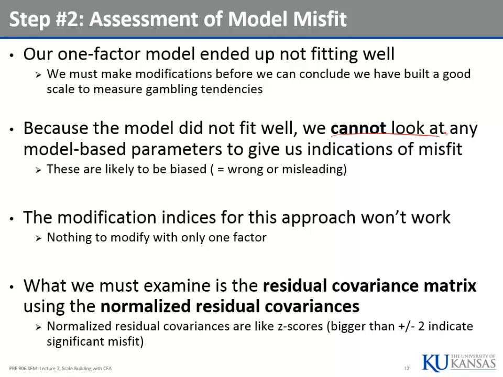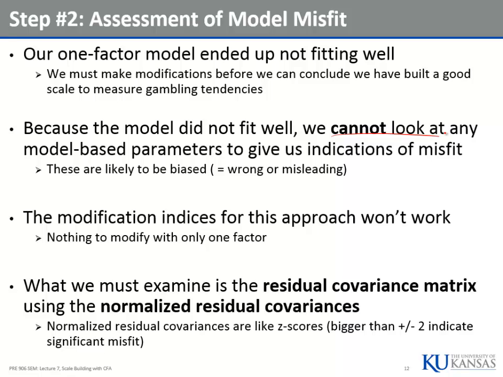So what I like to use are the normalized residual covariances. Right? Those are the difference. So you take the saturated model covariance matrix and you subtract from it your model's covariance matrix, so you have a difference. But then you divide that difference by essentially the standard error of the difference between the two to get a result that's like a z-score.